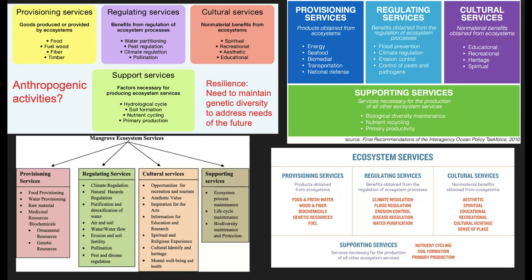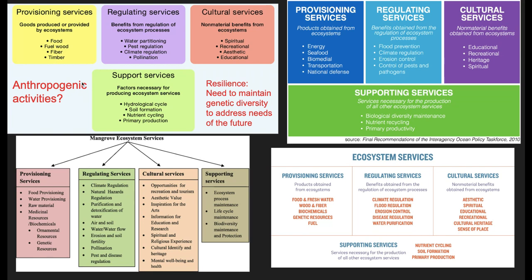There are 4 types. You know that the base ones are the supporting services. So those supporting services, which are like the biogeochemical cycles, are going to be supporting all the ecosystem and all the other services as well. I just wanted you to remember that.